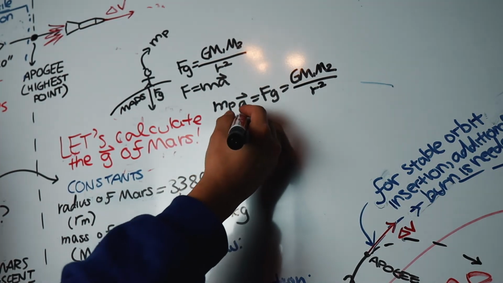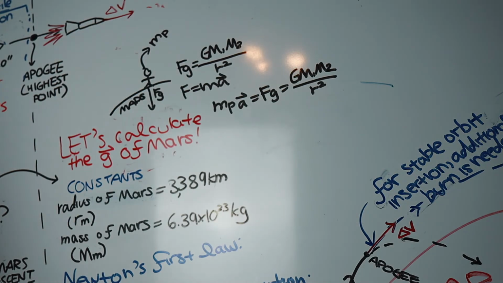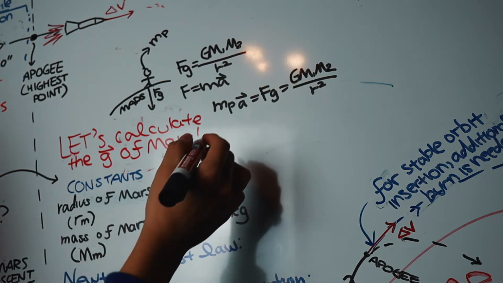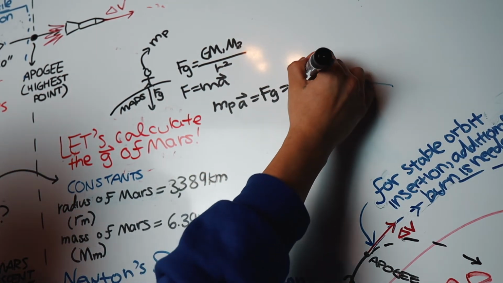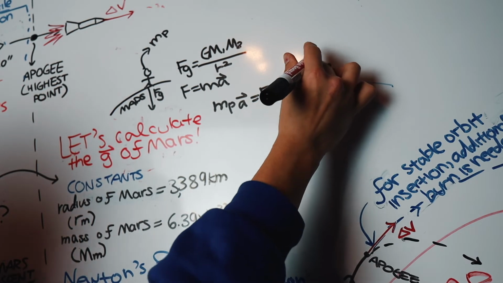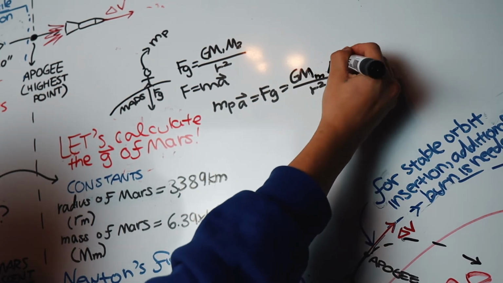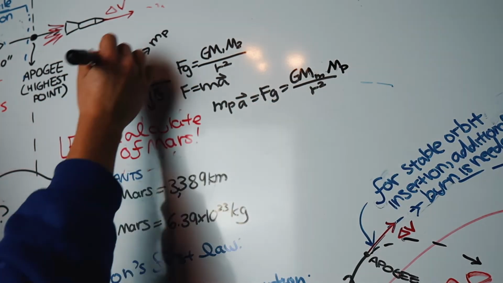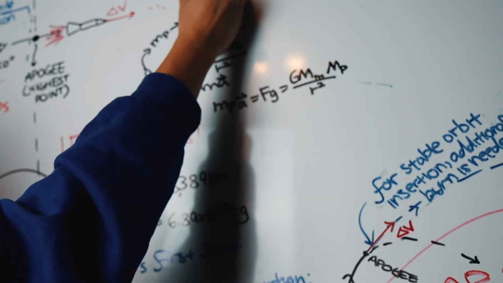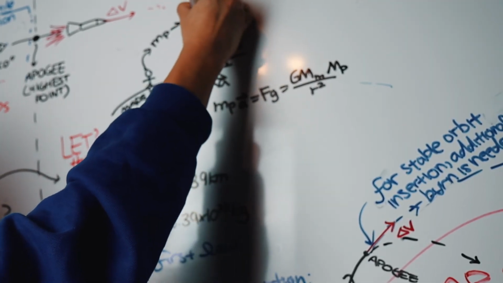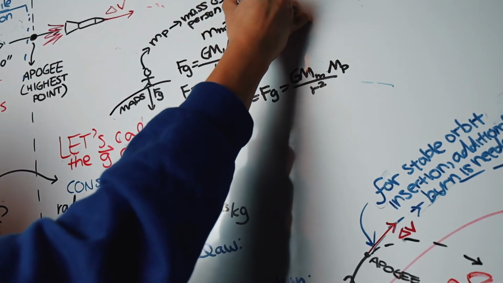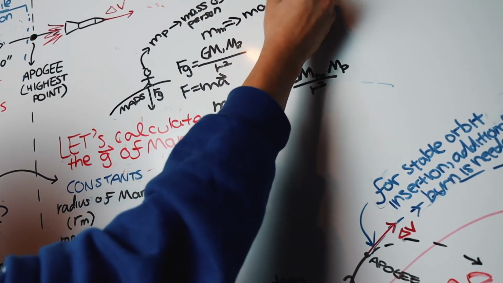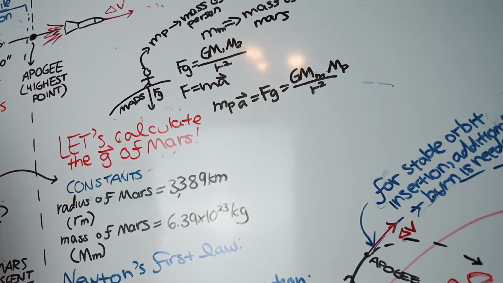Since there's m1 and m2, we're going to say m1 is the mass of Mars, and m2 is the mass of the person. For convenience, we label this mp for the mass of the person, and mm for the mass of Mars, which is a constant.